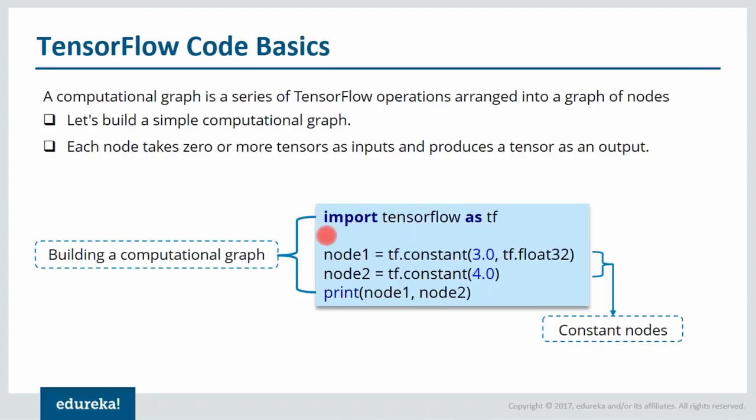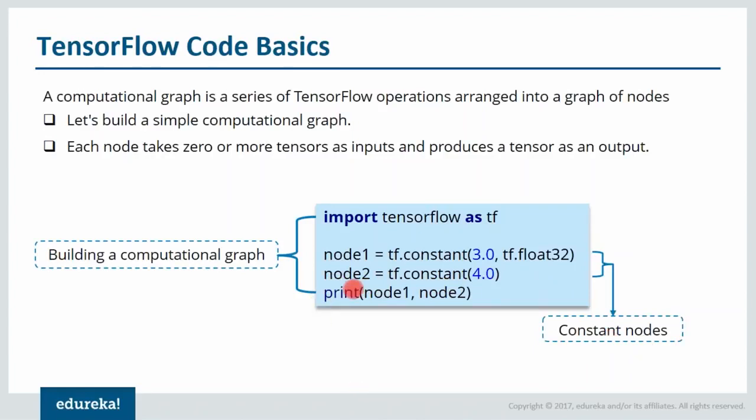So the first thing you do is import the TensorFlow library. Then you define two nodes, and these nodes are constants. So we'll call the function tf.constant, and we'll provide a value that is 3, and it is a float number of 32 bits. Similarly, we define one more node, which is a constant, and it contains the value 4. So these are your constant nodes.